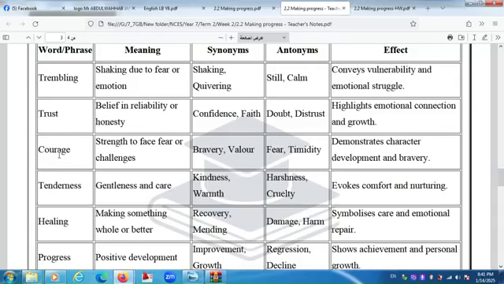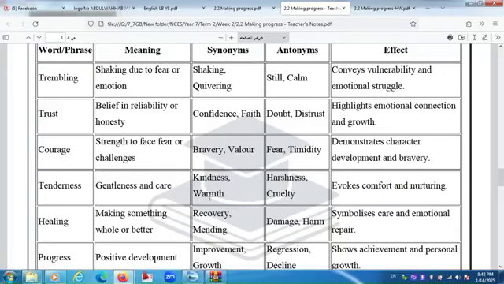Courage: the meaning is strength to face fear and to face challenge. Synonyms: brave, valor. Antonyms: fear or timid. The effect of using courage is to demonstrate character development and bravery through the story. Tenderness: gentle care.